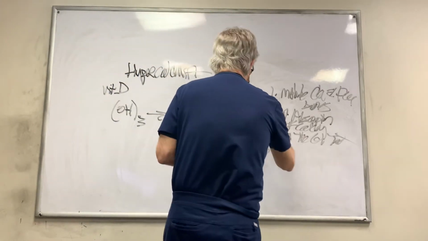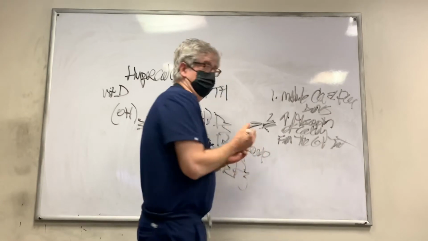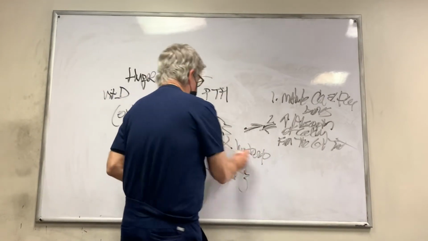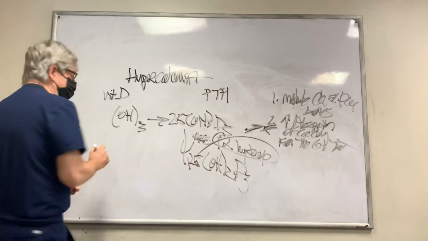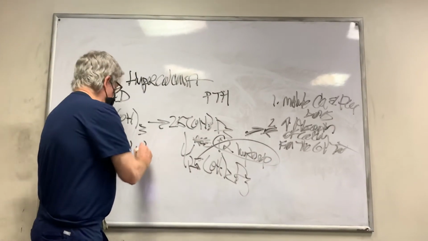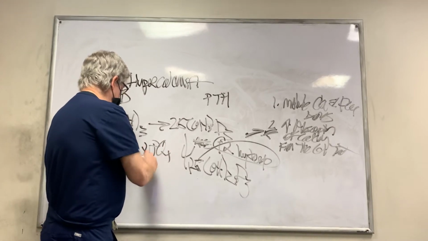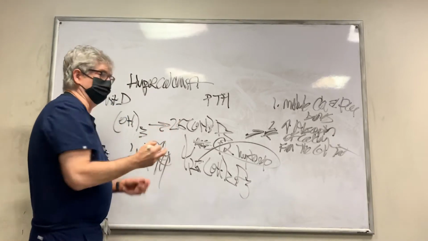But the major effect of vitamin D is on the GI tract, by activating the enzyme 1-alpha hydroxylase. Two things stimulate this enzyme. Number one is a low phosphorus, and number two is PTH. That's the vitamin D arm.